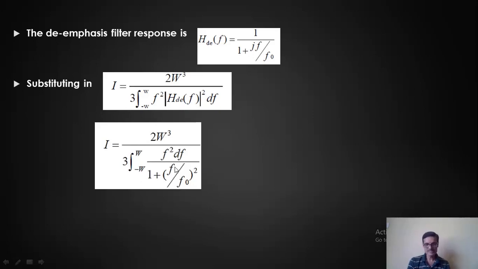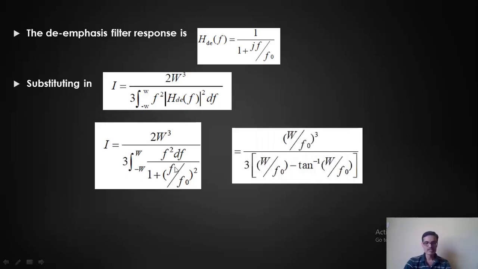Just search it on Google and you'll get the solution. After solving this, we get this formula for the improvement factor: (W by f naught) cube by 3 times (W by f naught minus tan inverse of W by f naught). This is the formula to calculate the improvement factor in terms of W and f naught.